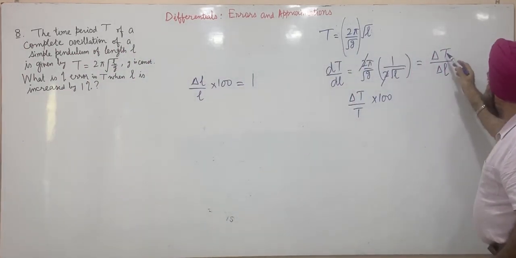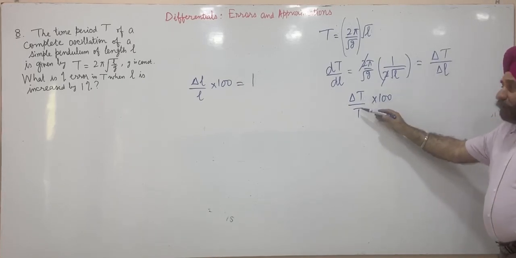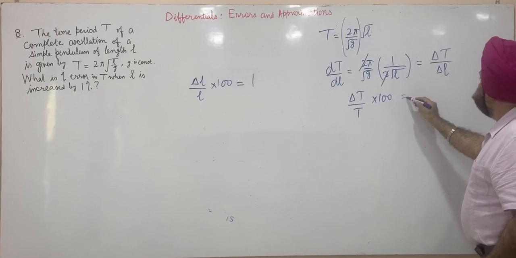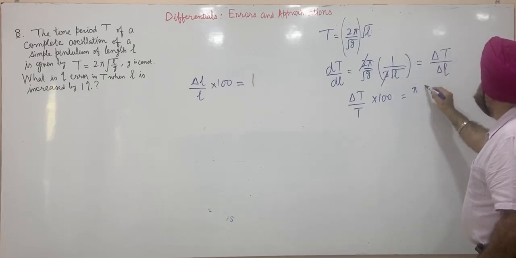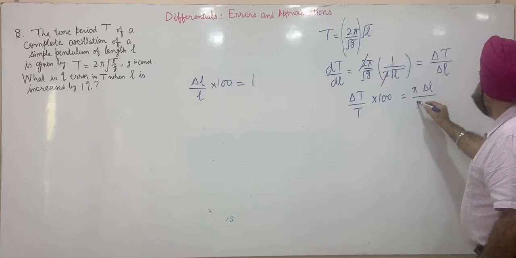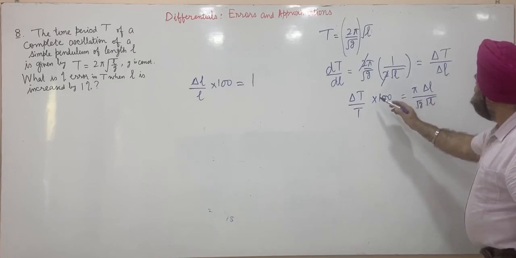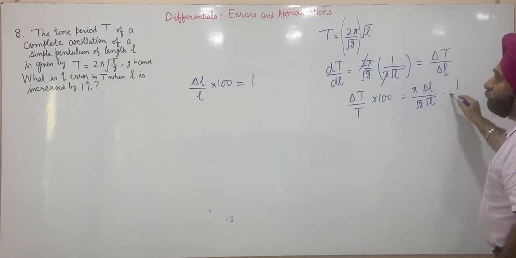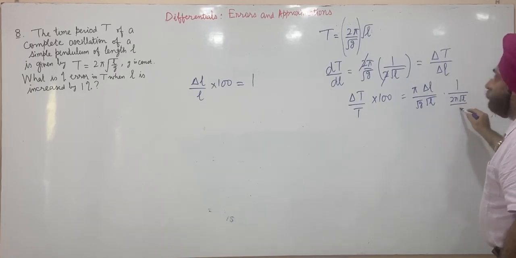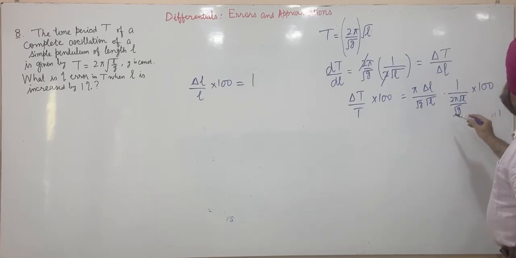So let's find delta t from this. We need delta t upon t into 100. And delta t from this is pi into delta L upon root of g root of L. This is delta t upon t, where t is 2 pi root L upon root g, into 100.